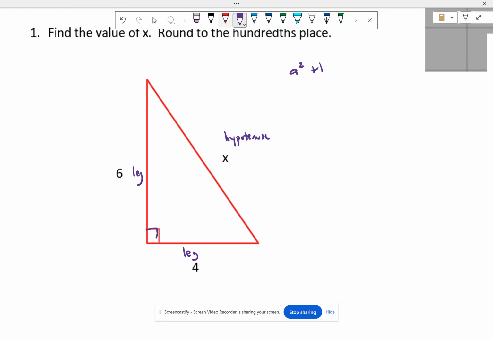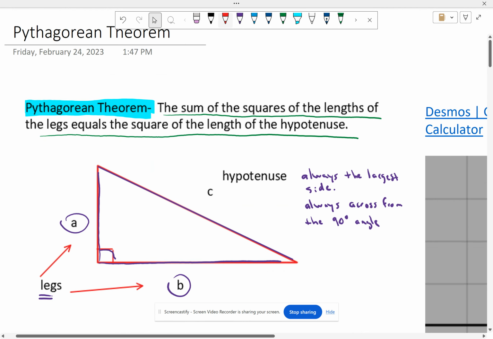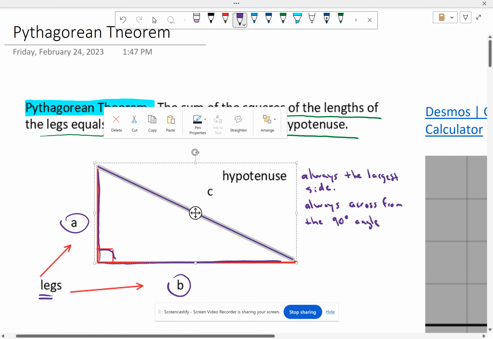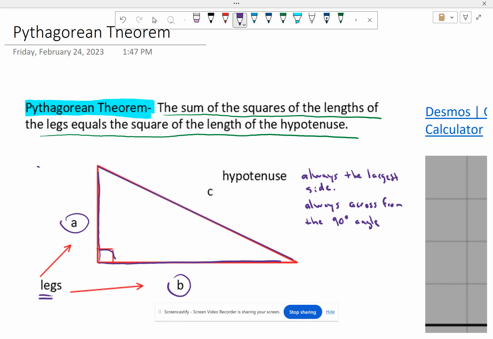So, how can we find the length of the hypotenuse? Well, all the sides of a right triangle are related by this, and this only applies to right triangles, by the way. The Pythagorean theorem only applies to right triangles, just to be clear. So if it's a right triangle, the Pythagorean theorem applies.